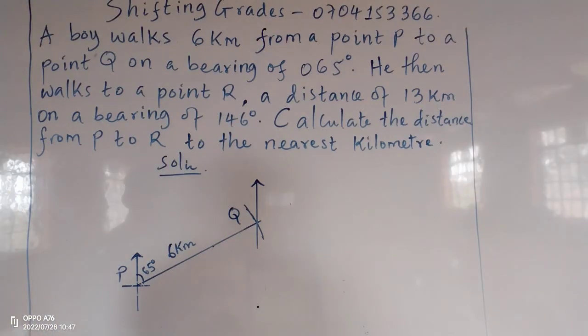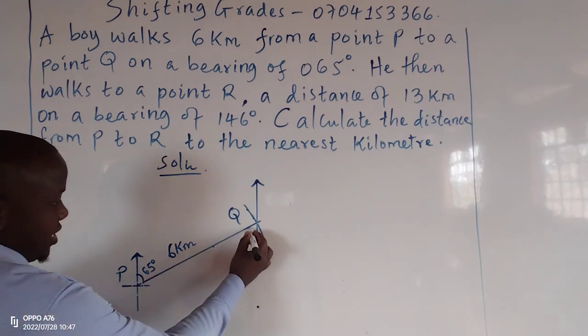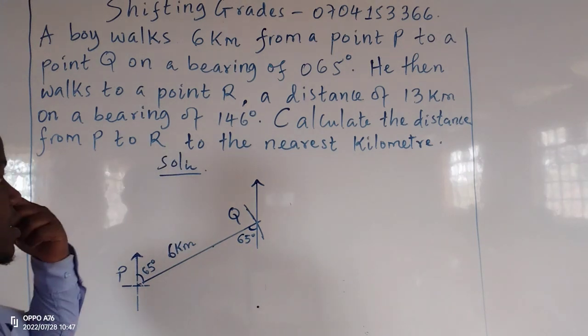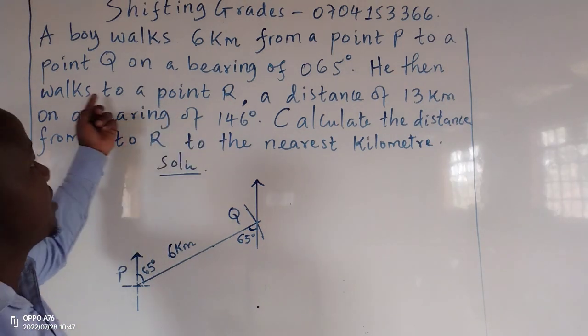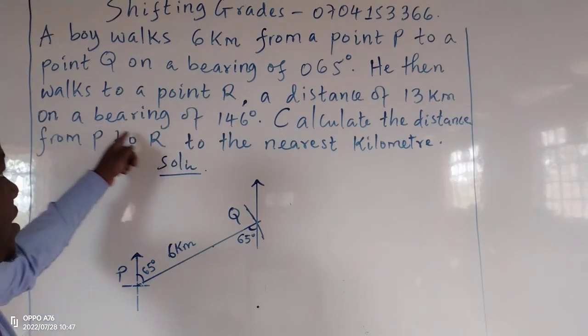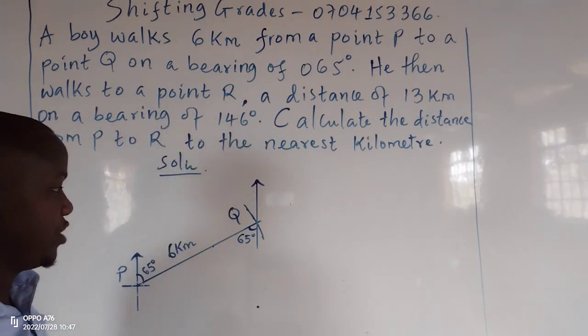Then again, now we are told the boy will continue moving. Okay, this was 65, that's like the other side. So now we are told he then walks to a point R, a distance of 13 on a bearing of 146.